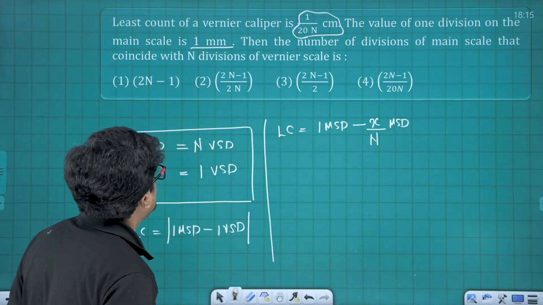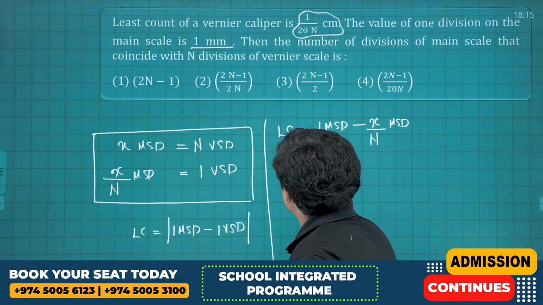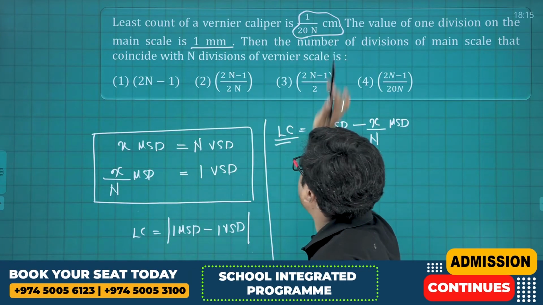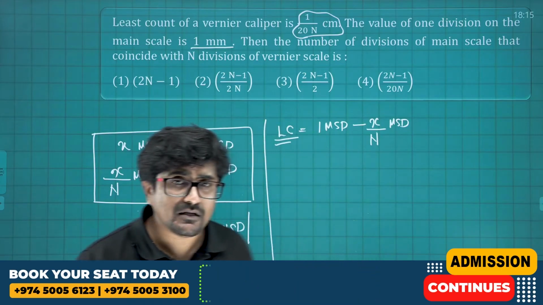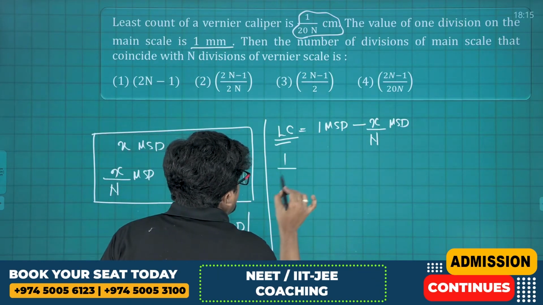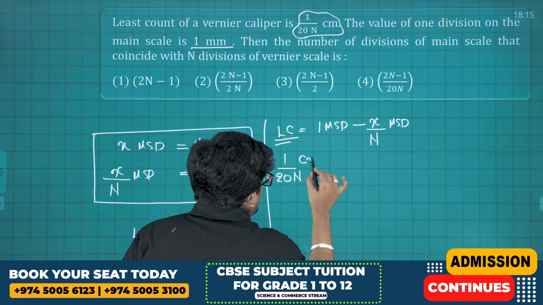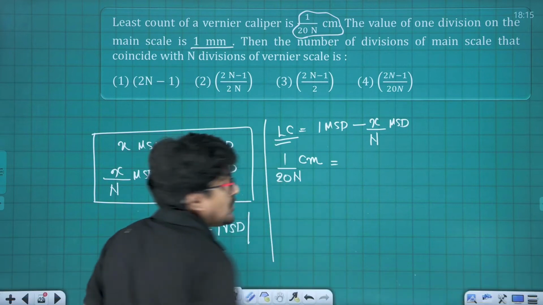Now, dear students, what is least count? Least count is 1 by 20 times N centimeter. I repeat, 1 divided by 20 times capital N centimeter. That is the least count.